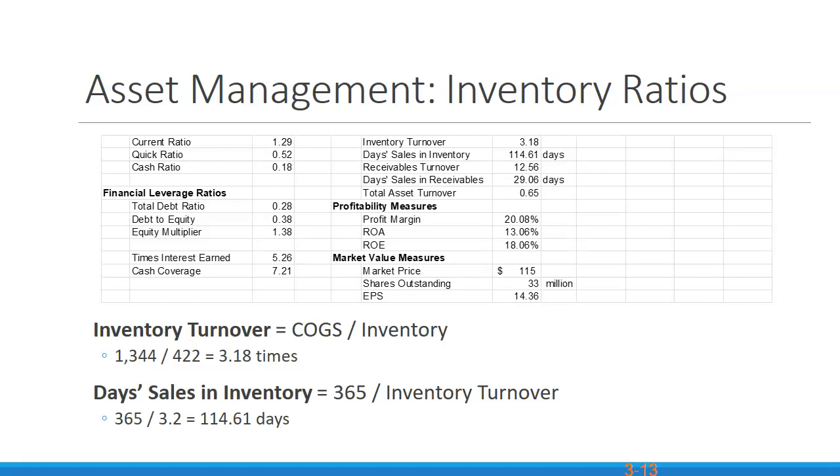Again, this should be an industry specific thing because on average, some things are going to sell different than others. And we would look at industry to industry to tell whether that is a bad number or not. We know that cars are going to sit in a car sales lot longer than produce is going to sit in a grocery store, for example.